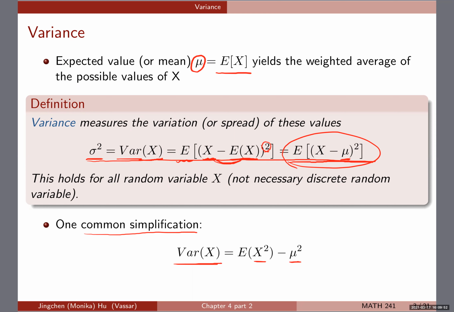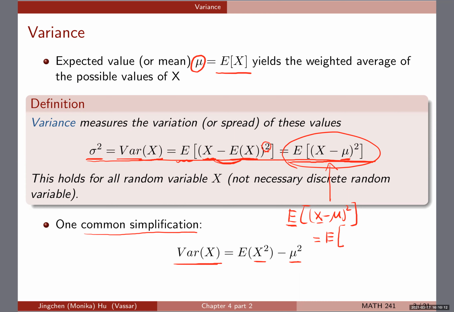If we come back to this definition really quick, the expectation of X minus mu squared is taken with respect to X, so keep that in mind. Since it's an expectation, we can always go back to the definition of expectation in the first place.